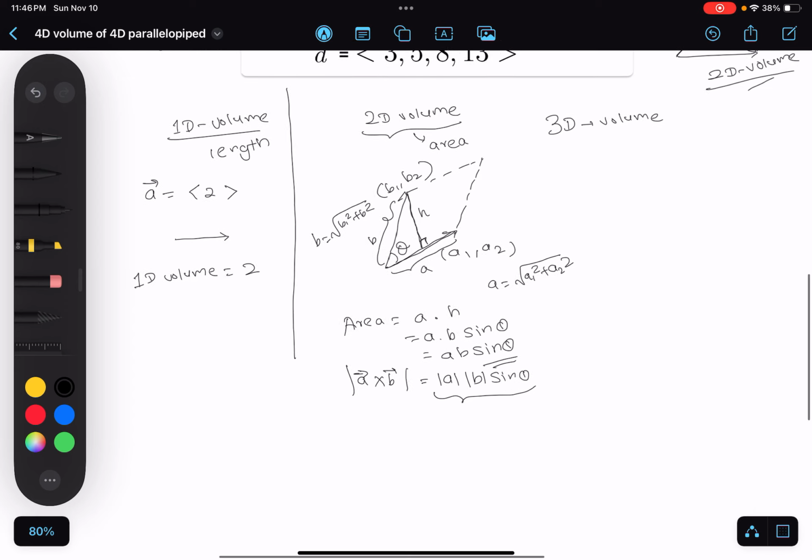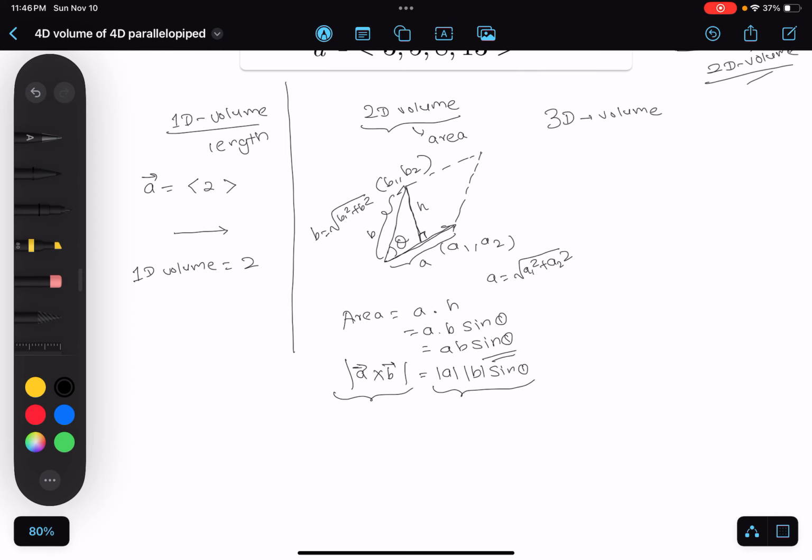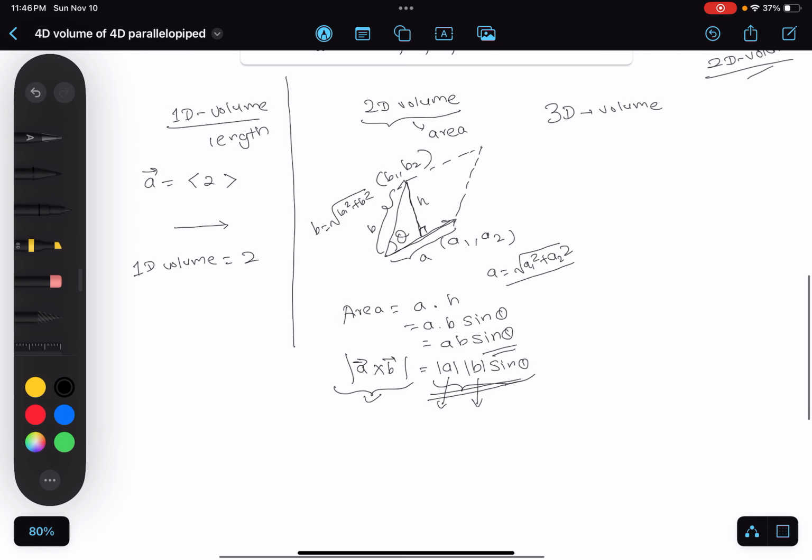We know that this also gives the area of the parallelogram, but for this we first need to find the a vector, the b vector, their magnitudes, and the angle between them, and only then can we get the area. Now let's try this approach.